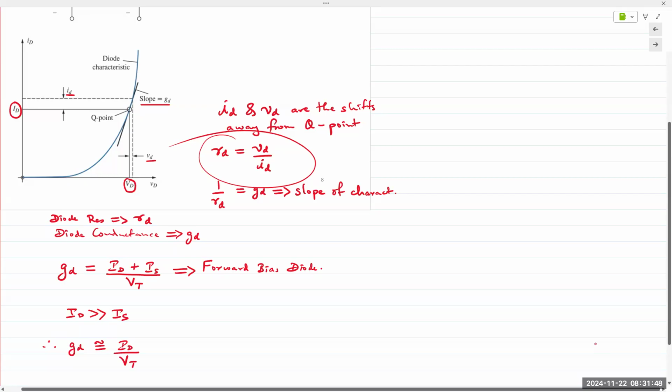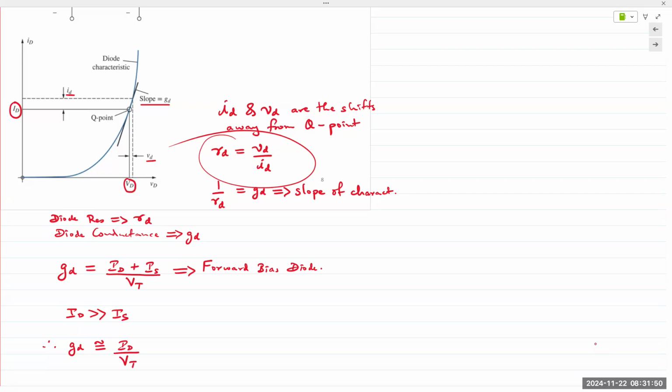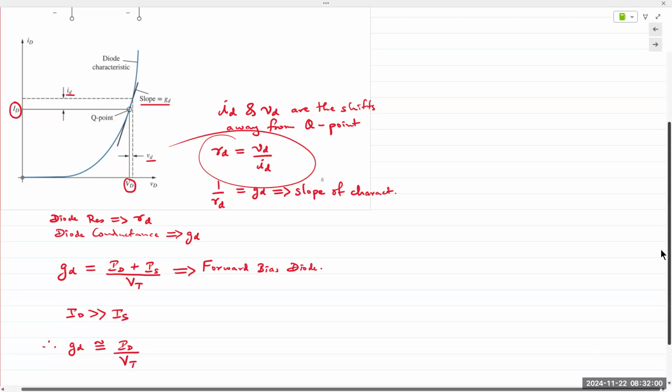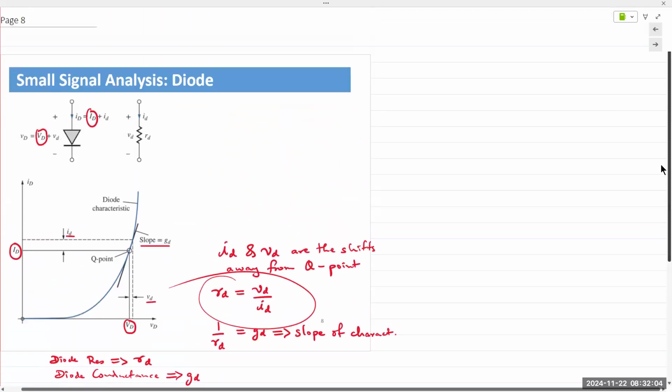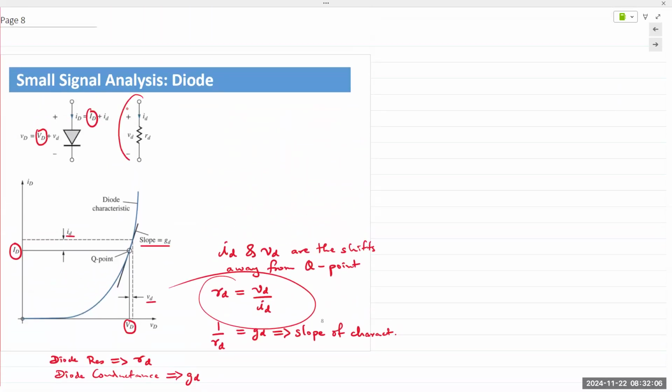So in the forward bias, it would be the diode current ID over VT. And then we can say that the small signal model for a diode can simply be represented by a resistance RD, the voltage VD, and current ID flowing through it.